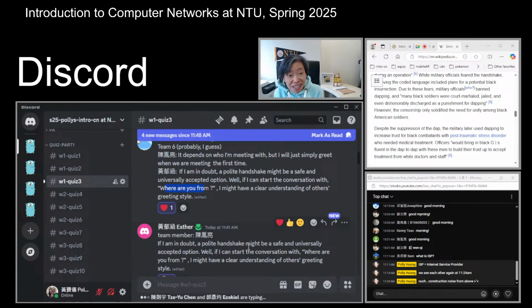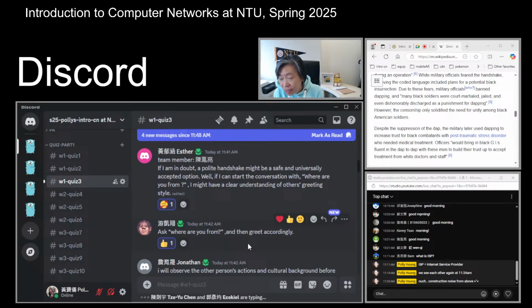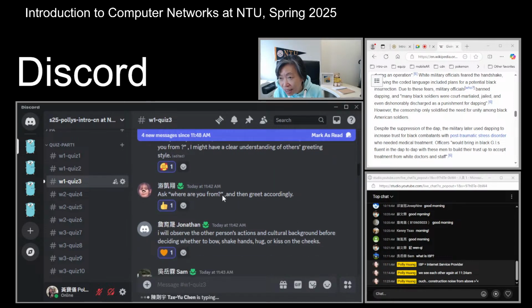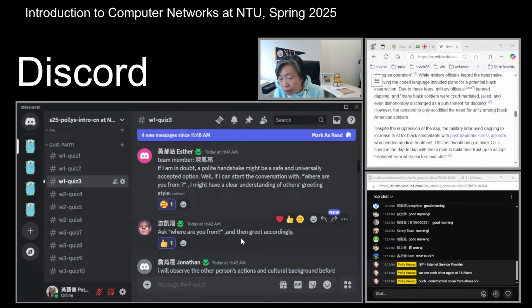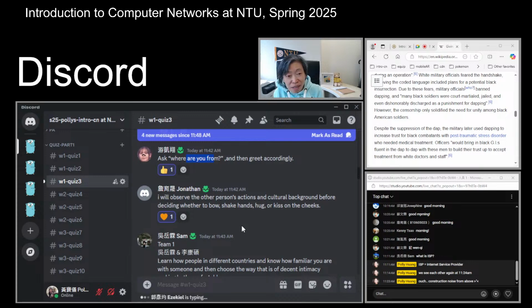That should clear things up, and then you can make the next move. Right, so Yuhan and Caesar are teammates. Kai Xiang says, simply ask, where are you from? So that addresses the issue of exactly which region the person you need to greet is from.